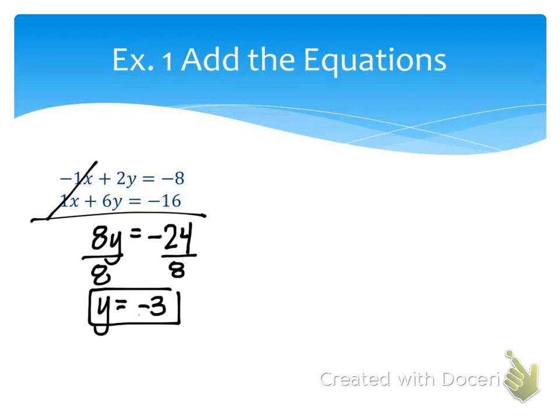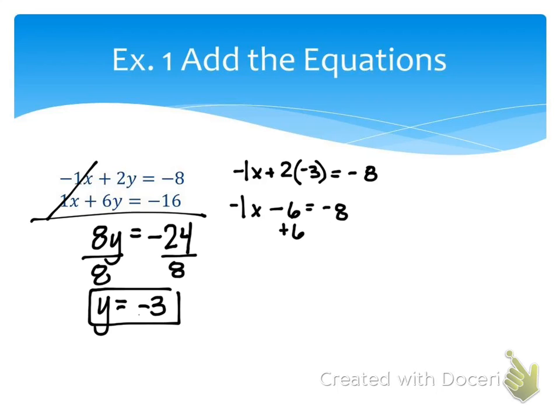Now, it does not matter which equation you plug it in for. You can plug it in for either one. You should be able to get the correct answer either way. So I'm going to plug it in the first equation. Negative 1x plus 2 times negative 3, because I'm just substituting that y in, equals negative 8, okay? Negative 1x minus 6 equals negative 8.